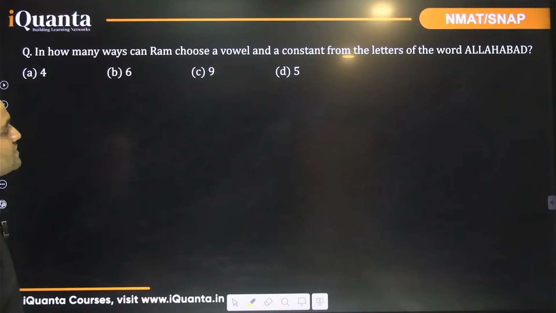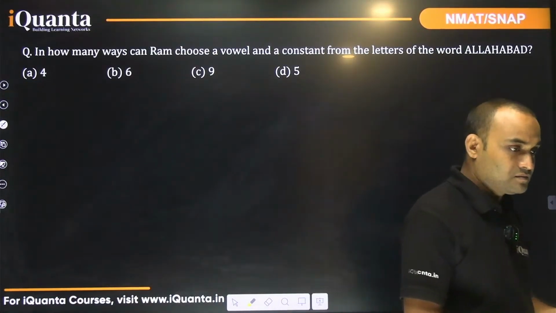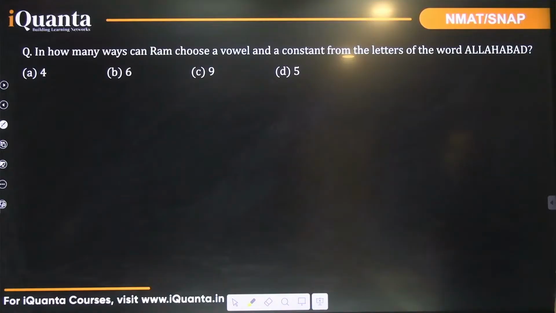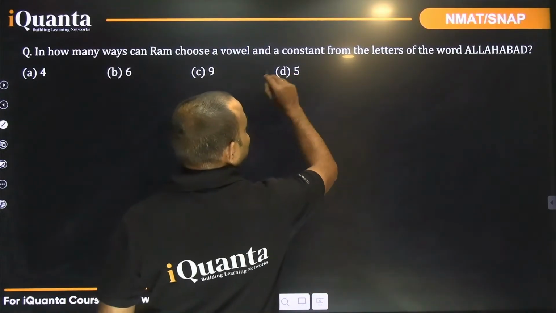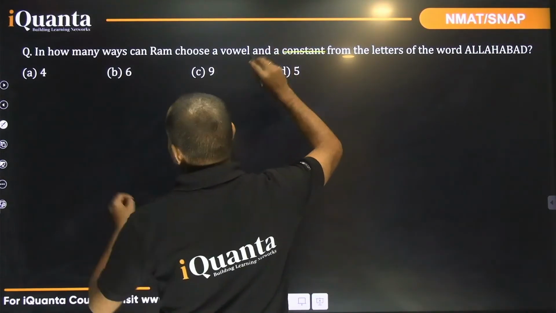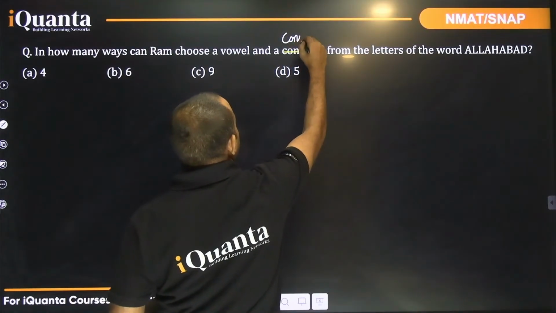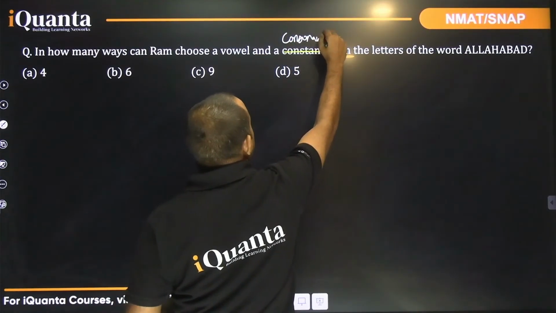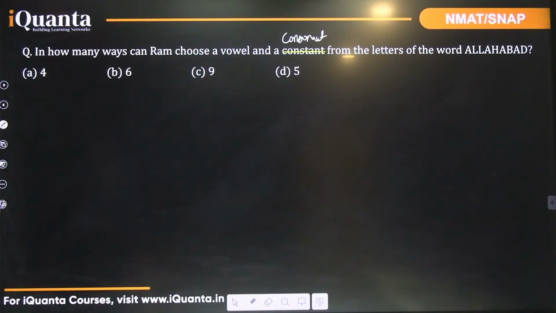Okay, then comes the next question. In how many ways can Ram choose a vowel and a consonant from the letters of the word Allahabad?